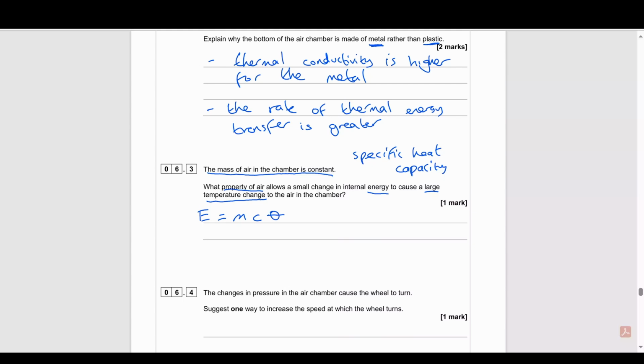So if we've got a greater temperature change, we should have a greater change in energy. Remember, the mass stays the same. Every material has its own specific heat capacity. If the specific heat capacity is lower, you'd expect a smaller temperature change. So that's what the property is. It's the specific heat capacity.